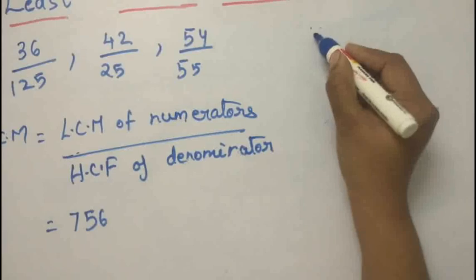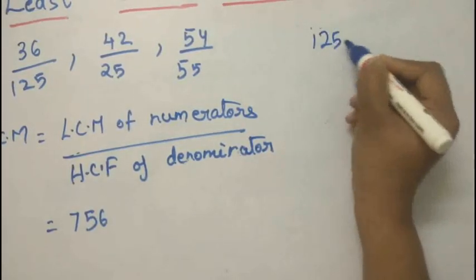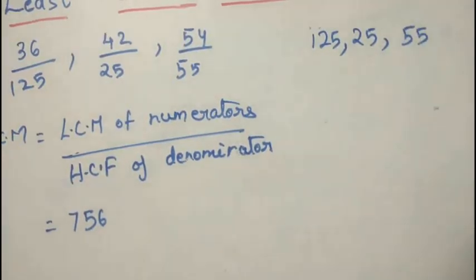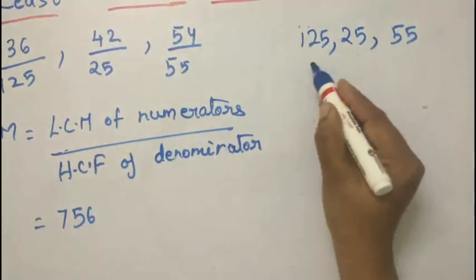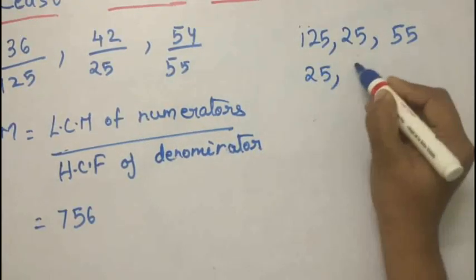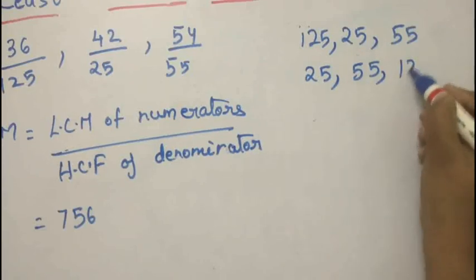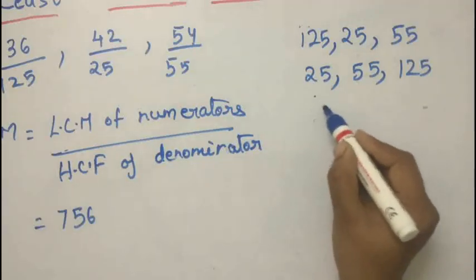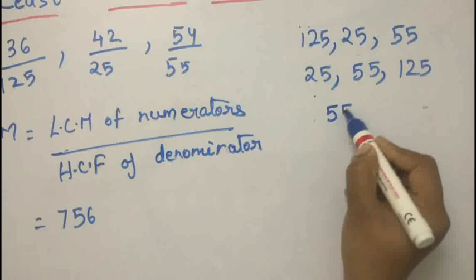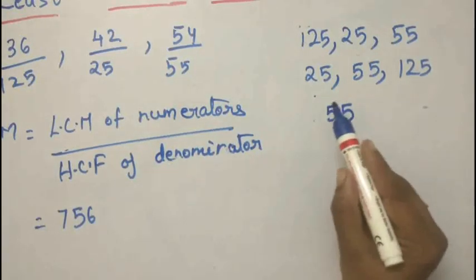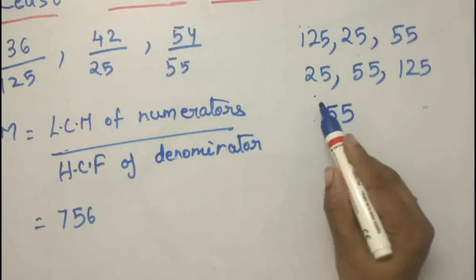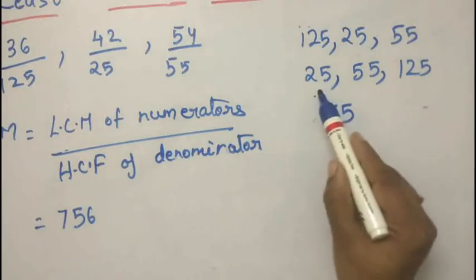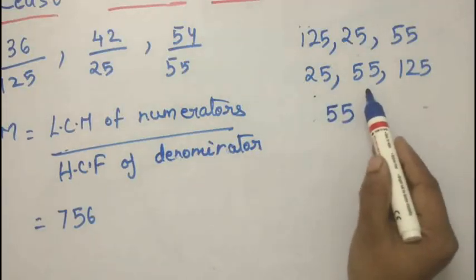In the denominator we have 125, 25 and 55 as the numbers. So first arrange them in ascending order, that is 25, 55, 125. Apply here the HCF trick which I explained in my channel. It is 55. Now 25 twos it is 50. 25 threes is 75, which is more than 55.